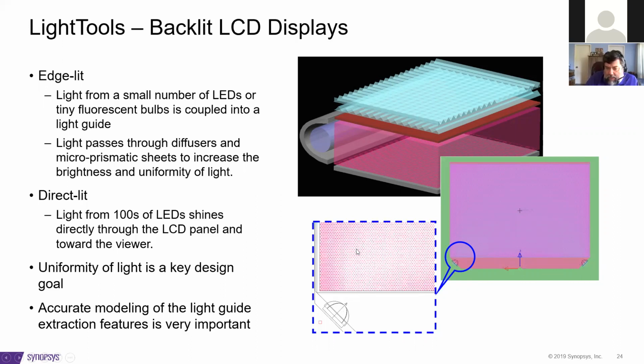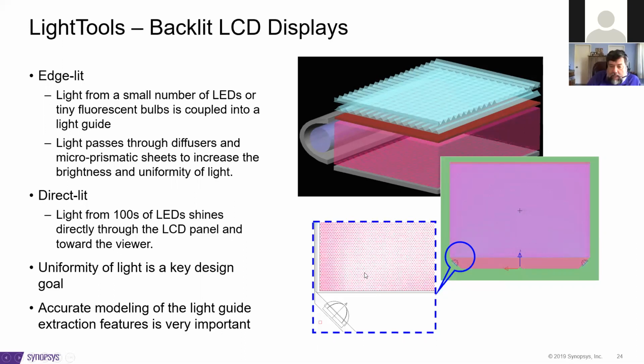It guides through the plate, bouncing around through the plate at TIR basically as it goes, and as it hits these little textures, the angle of reflection changes, and hopefully those rays will un-TIR themselves and come out of the light guide to be seen by the user. In this particular case, the size of the textures is being varied as a function of position across the backlight. Of course, the larger the texture, the more light you would expect to extract in that location. The smaller the texture, the less light you expect to extract.